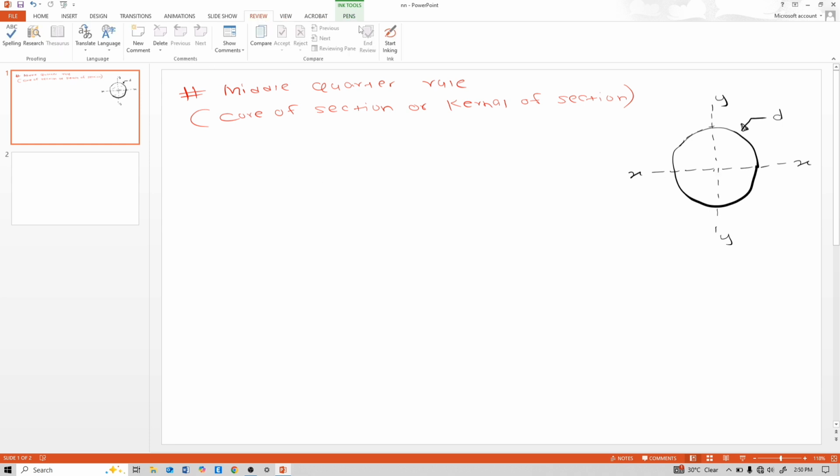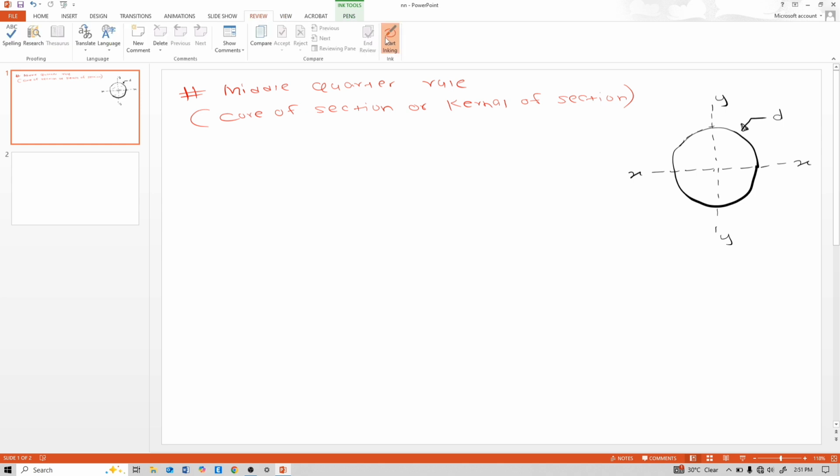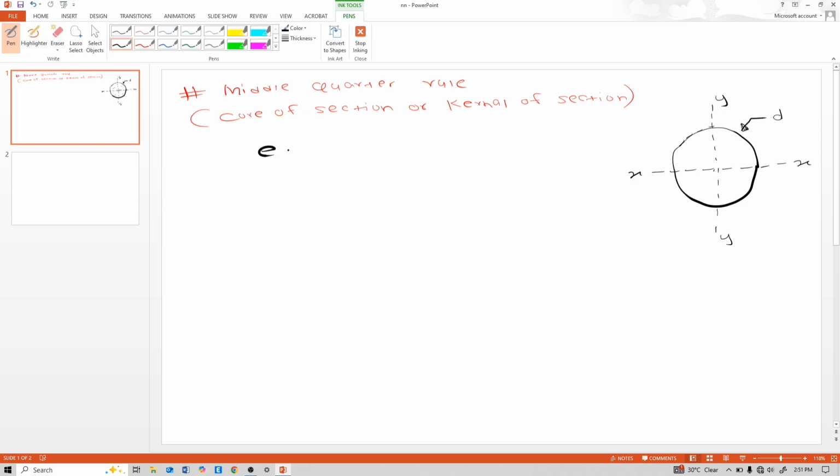So see the derivation of that middle quarter rule and core of a section or kernel of a section. For that middle quarter rule, this shape is circular, of diameter small d. This is the x axis and y axis. So with the help of our last derivation regarding eccentricity, the zero tension eccentricity, this derivation is like E should be less than or equal to Z by A. Z is the sectional modulus, A is the area.